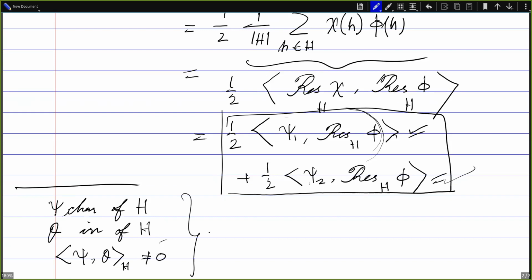So in that case, we would say theta is a constituent of psi.